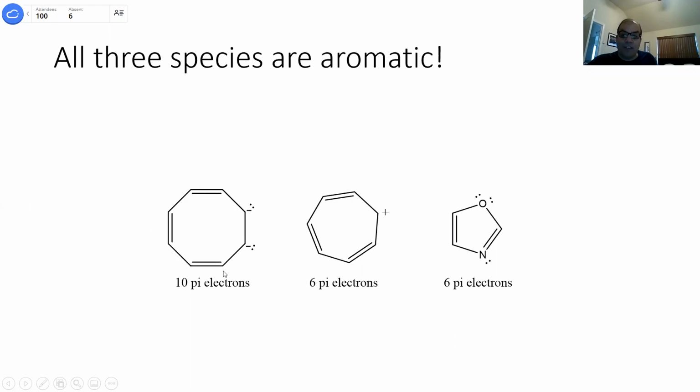Those 6 will each contain 1 pi electron from the pi bonds. And then we still have unhybridized p orbitals on those 2 carbons. And they will each contain 2 electrons, in each case a lone pair. So you have 6 plus 2 plus 2, a total of 10 electrons.